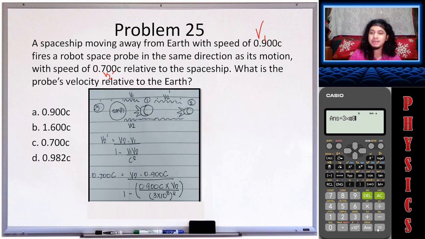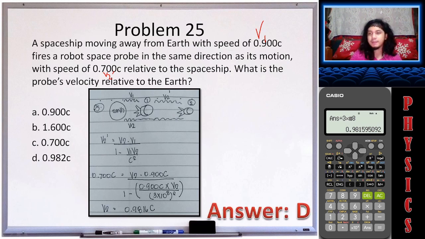Yung lalabas dyan, yun yung decimal part ng fraction. That's 160 over 163 or 0.98159. Alin dyan yun? Letter D. So, 0.9816 c or letter D. Easy lang tayo.